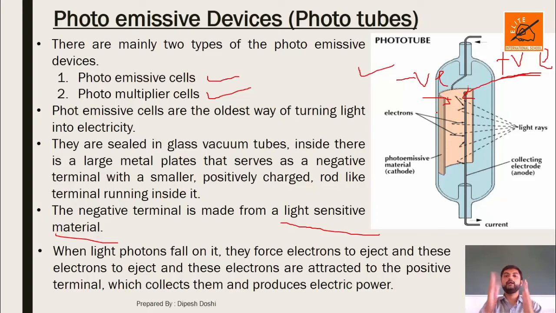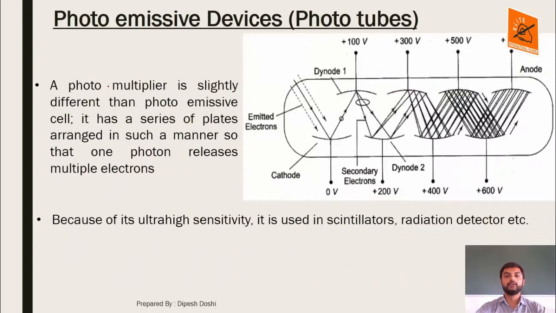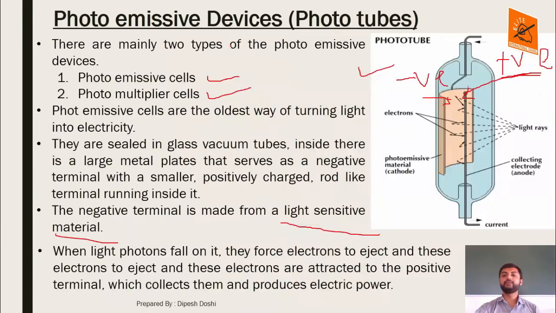Here there will be a positive terminal. Whatever electrons are ejected will be attracted by this positive terminal, and because of that there will be a current flow. In this manner electricity can be generated.